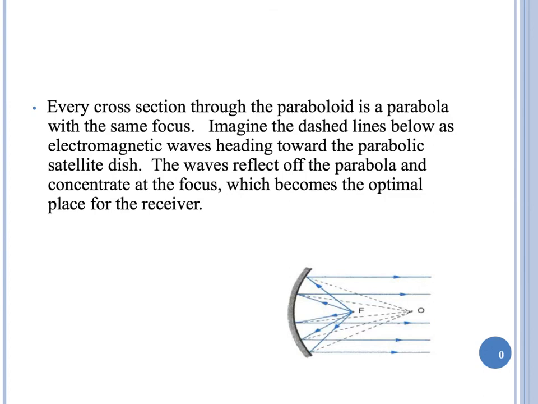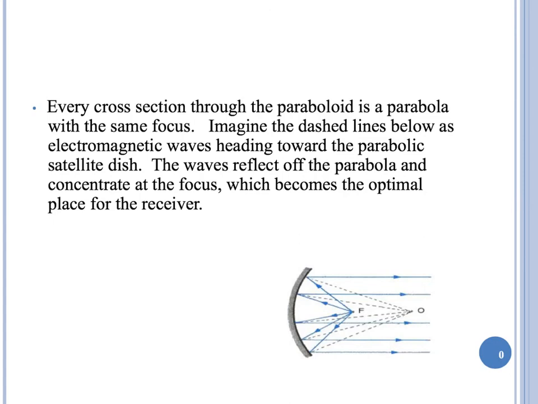When you slice through the paraboloid, we get one parabola, but every single one of those parabolas has a focus in the same spot. So when the satellite waves come through, they bounce into the satellite dish, and then they reflect or bounce off up to the focus.